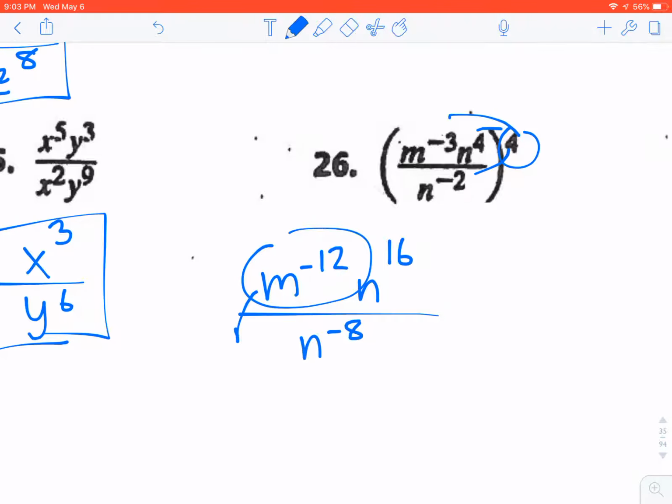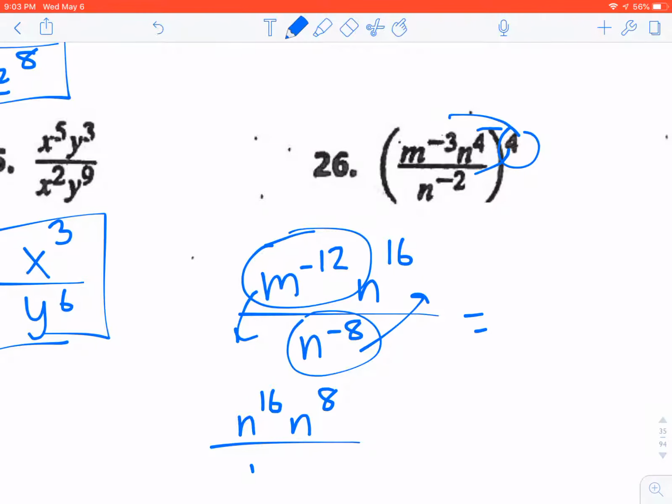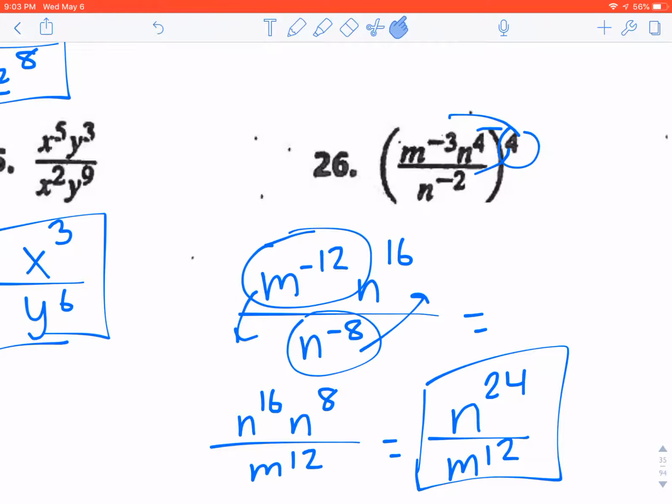We then move the negatives to the opposite side. So you would have had n to the 16th, n to the 8th. Leave your m to the 12th on the bottom. Combine, so this becomes n to the 24th, and rewrite your m to the 12th. So that's your final answer for 26.